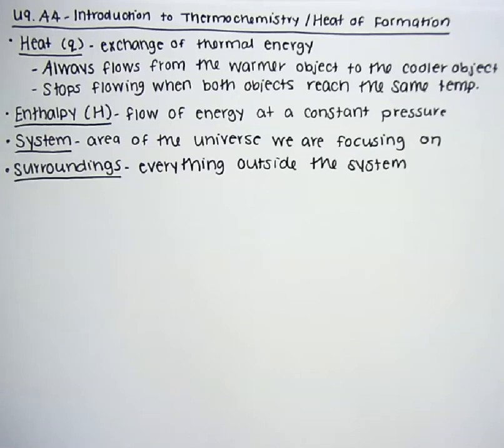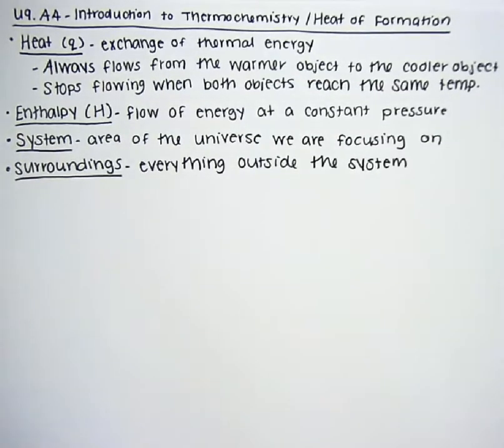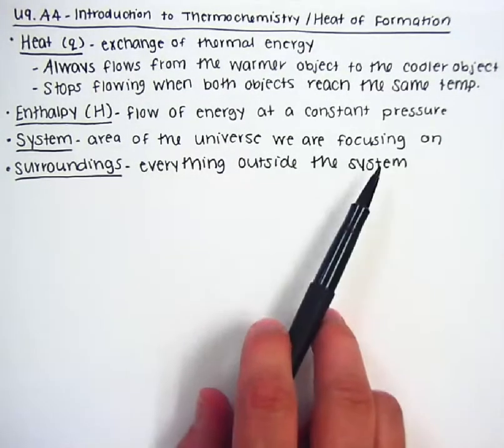So energy is flowing out of the system. Let's say we were to change our system and we were focusing on the coffee cup. Well, heat energy is flowing into the cup. So it depends, which way energy flows is always going to be hotter to cooler, but whether energy is flowing into the system or out of the system will really depend on what we are focusing on.